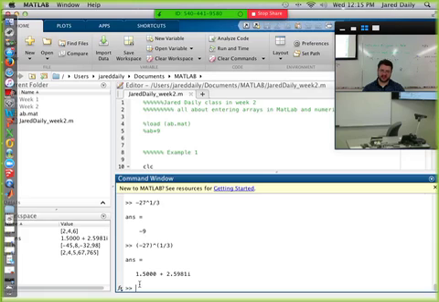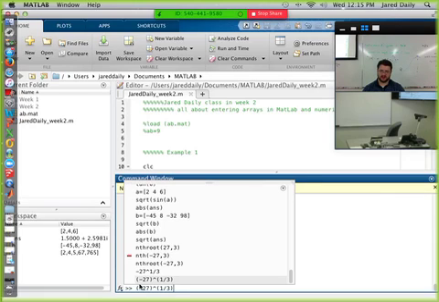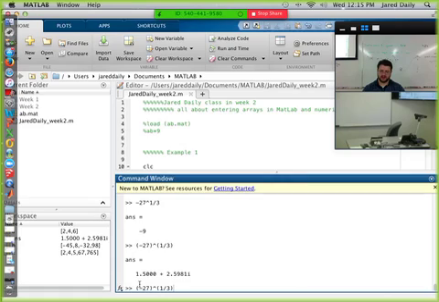Hold on just a second. I don't know why it's giving me a complex number, but it is.